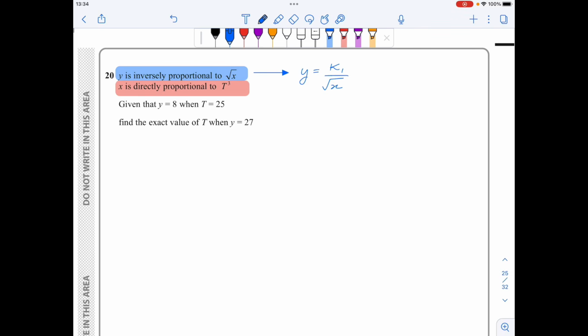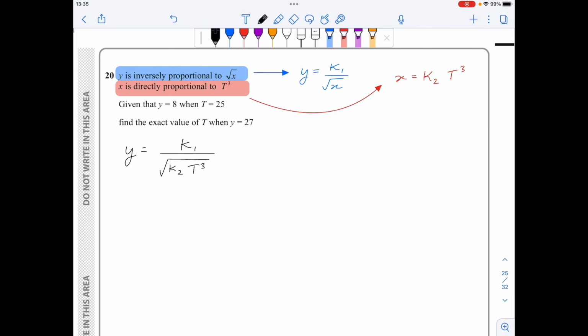And from the red one, I get x equals k2 times t to the power of 3, where k2 is another constant of proportionality. Now I will merge those two to get an equation with y and t. I will replace x in the blue one with k2 times t to the power of 3. So y equals k1 over the square root of k2 t to the power of 3.